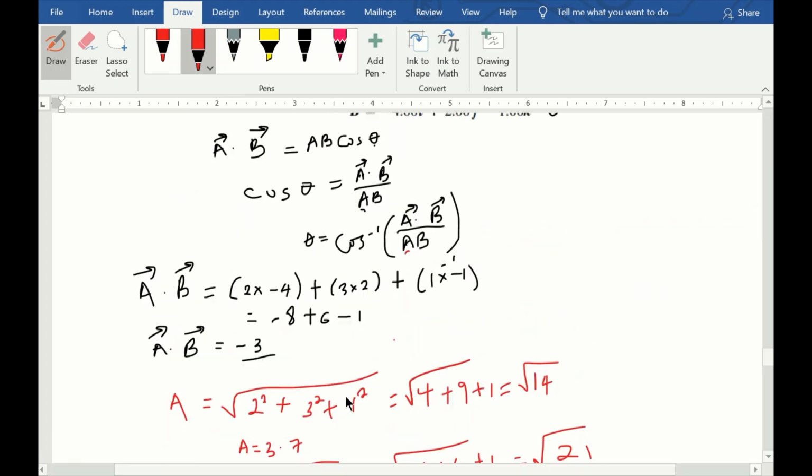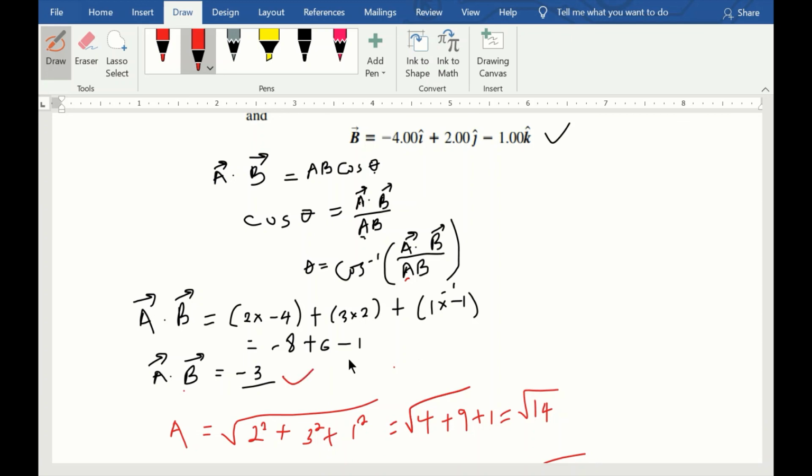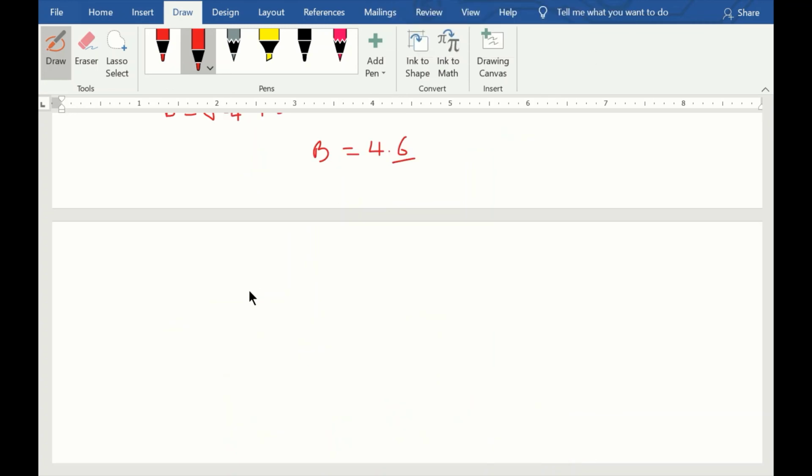So now I know my dot product of -3, the magnitude of A, and the magnitude of B. So what next? I can plug in my data to find my final answer. Therefore theta is equal to cos inverse of A dot B over A times B. Remember again that A and B are the magnitudes.